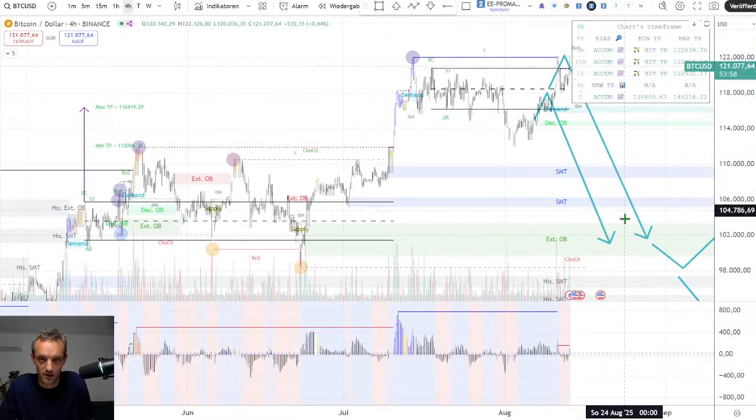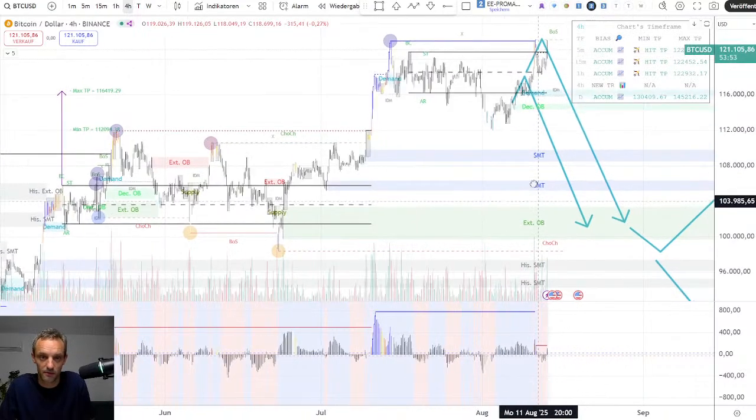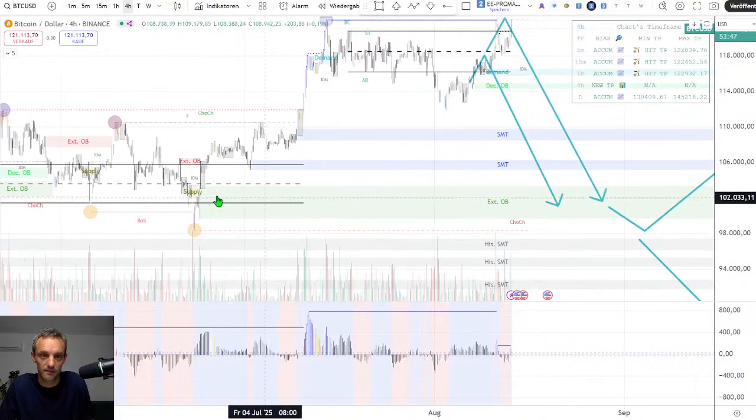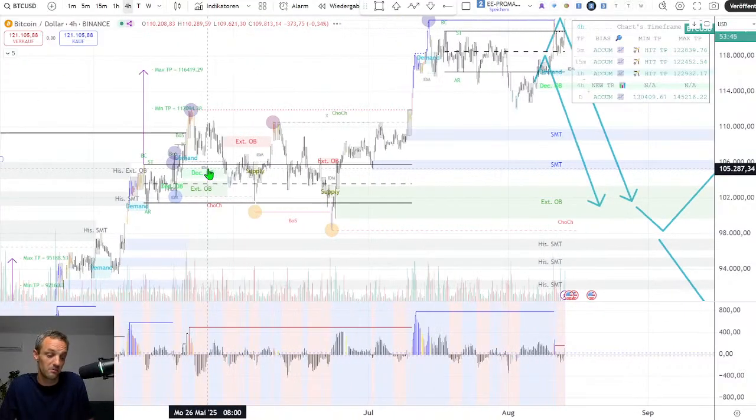And then the correction will go to the extreme order block. From my point of view, this is pretty sure. We also have the previous Wyckoff range area here, which is similar to volume profile analysis.